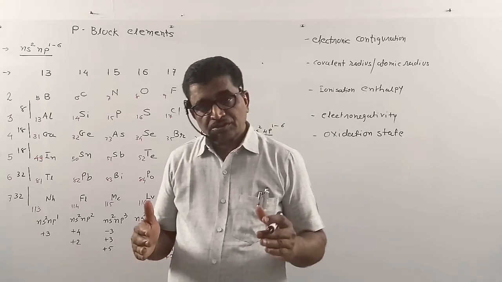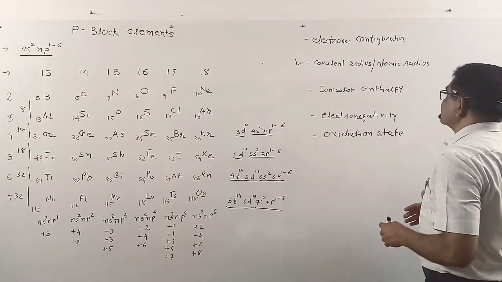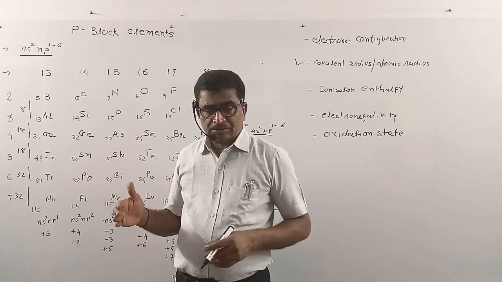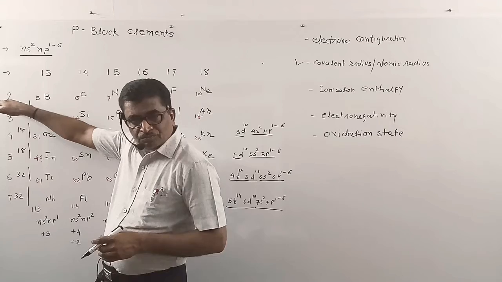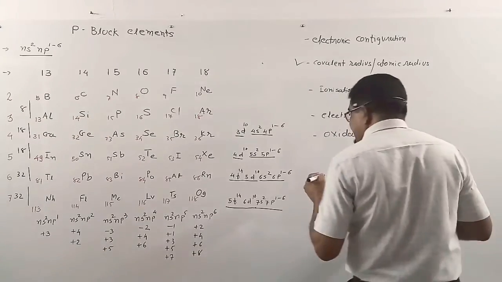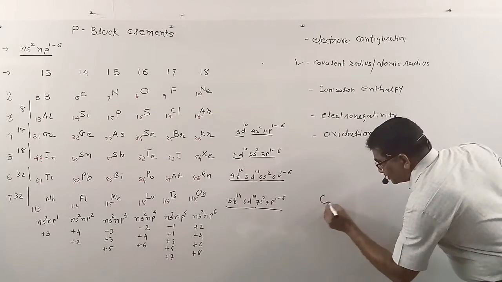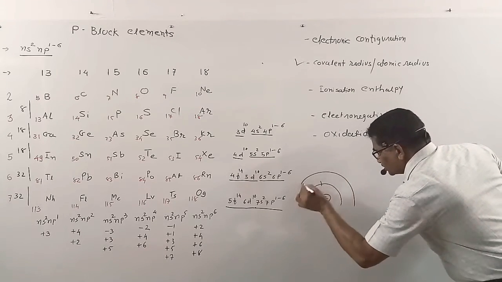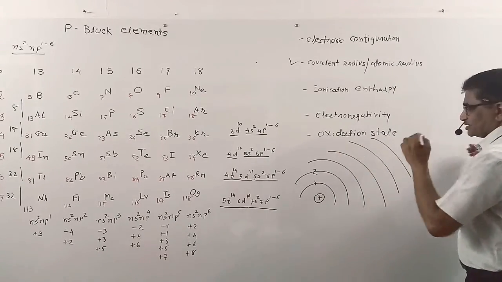Now it is clear. Another periodic property is covalent radius or atomic radius. When the last electron enters boron, the orbit is 2. Similarly, as we increase the atomic number in the same group, what happens? Suppose this is our nucleus, with orbit 1, 2, 3, 4, 5, 6 and 7.